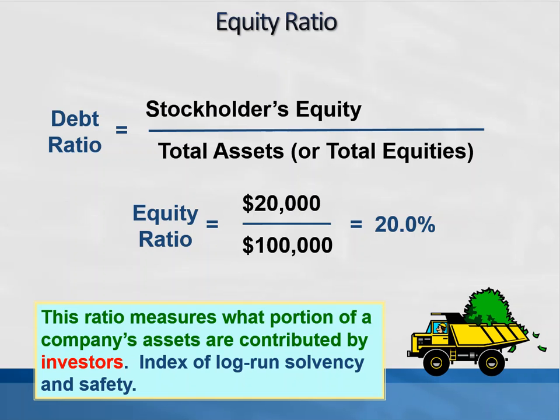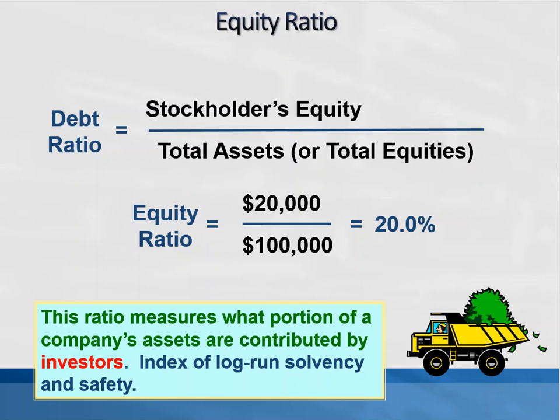Equity ratio. We take our total stockholders' equity divided by our total assets, and that will give us a ratio of how much of our company's assets are contributed or paid for by our investors. And as it says here, it helps us determine solvency and safety.